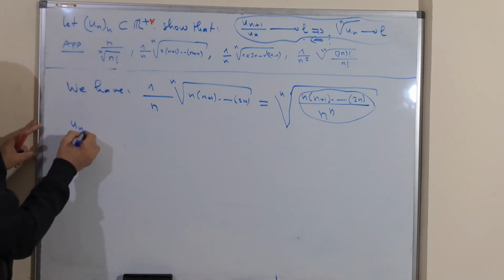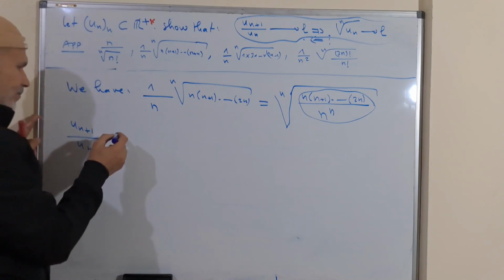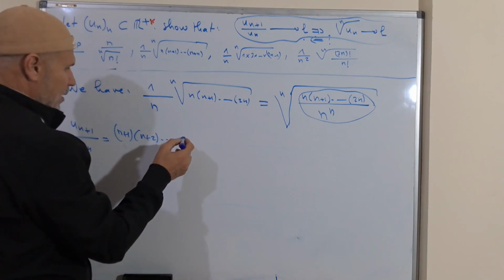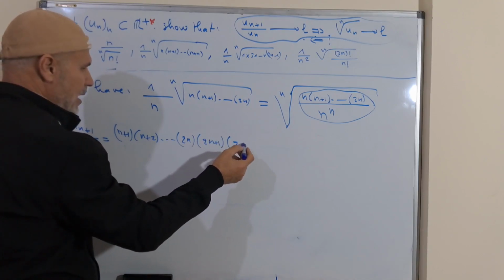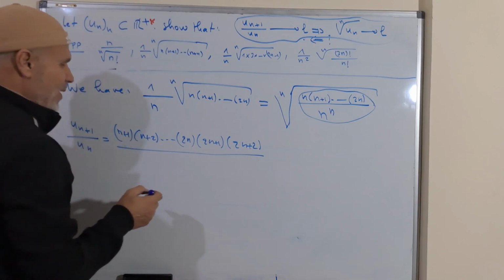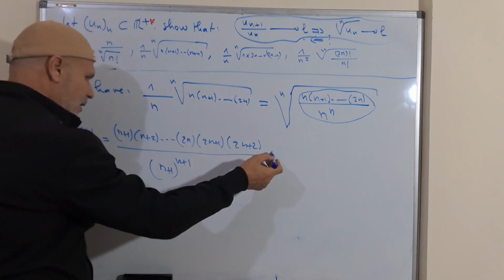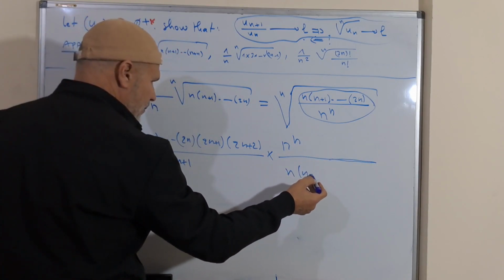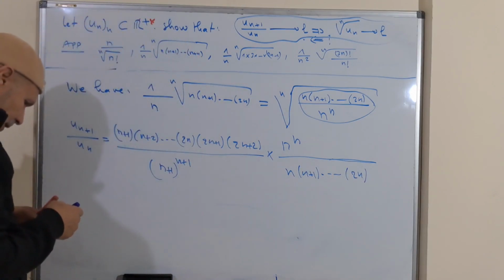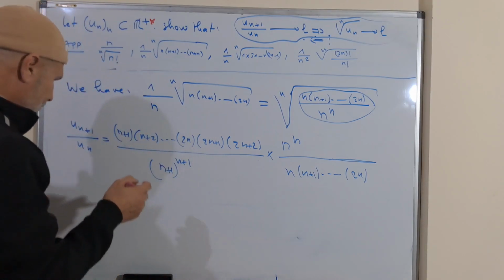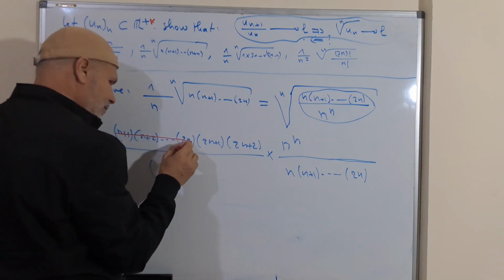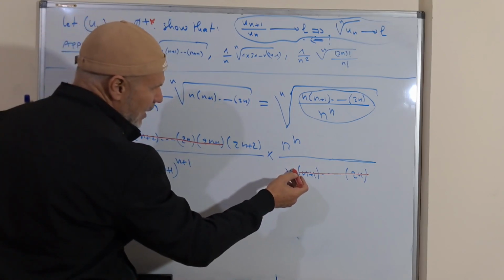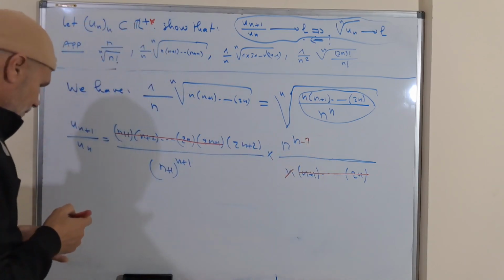This means that we have un plus 1 divided by un. This is equal to n plus 2, we replace n by n plus 1, up to 2n plus 1 and 2n plus 2, divided by n plus 1 power n plus 1, times n power n divided by n plus 1 up to 2n. What we can cancel here: we can cancel all these terms with all these terms, and we cancel n here to put here minus 1.